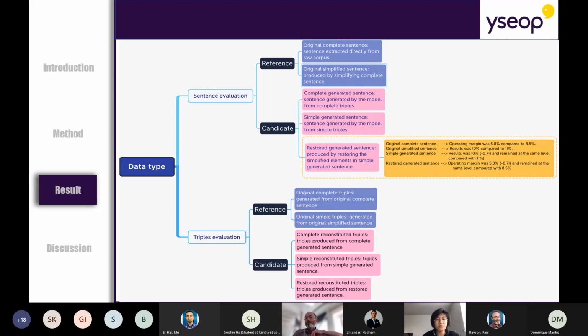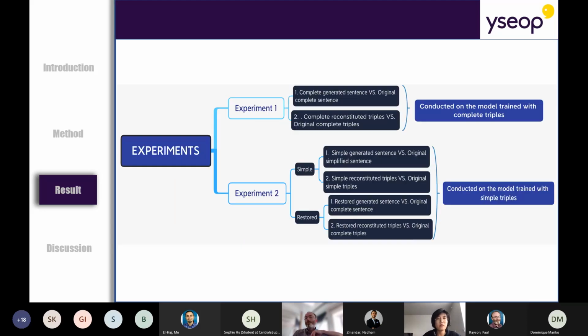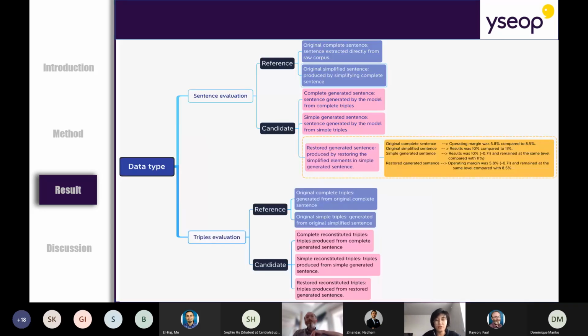And there are three types of data. First of all, complete sentences and their corresponding complete triples. And to verify the validity of our data logic, we added simplified sentences and simple triples.